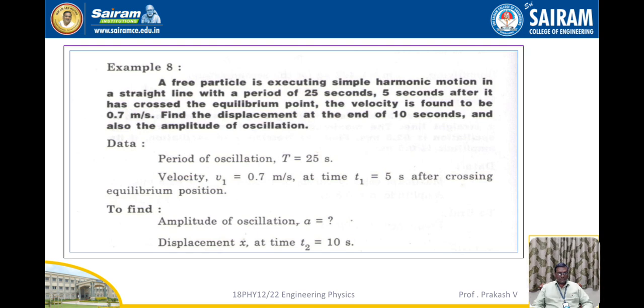Here the given data is period of oscillation, that is T is equal to 25 seconds, and velocity v1 is equal to 0.7 meter per second at time t1, which is equal to 5 seconds after crossing the equilibrium position. Here we have to find the amplitude of oscillation and also the displacement at time t2 is equal to 10 seconds.